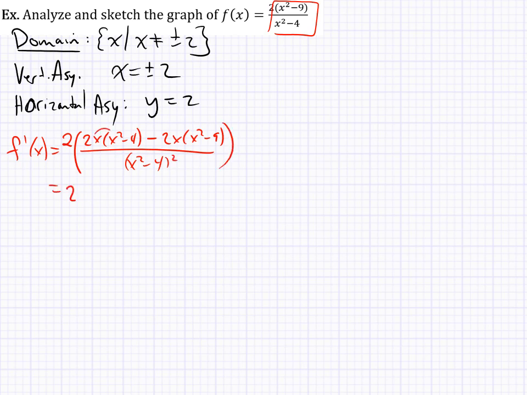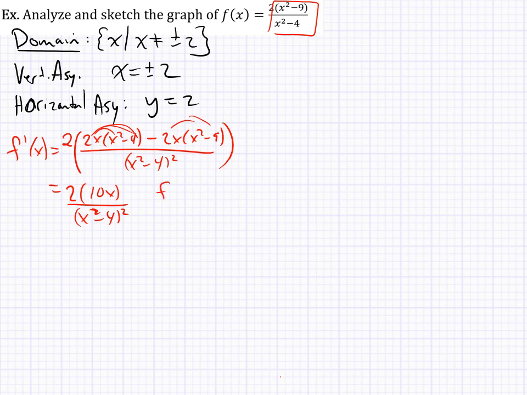Multiply all that out, 2x in here, 2x in here, cancel. You're going to get minus 8x and a positive 18x. So minus 8 plus 18 is going to give you 10x over x squared minus 4 squared. So there's your derivative.